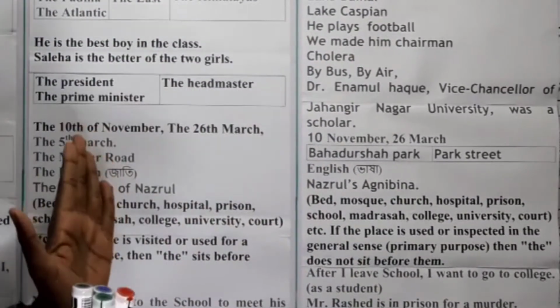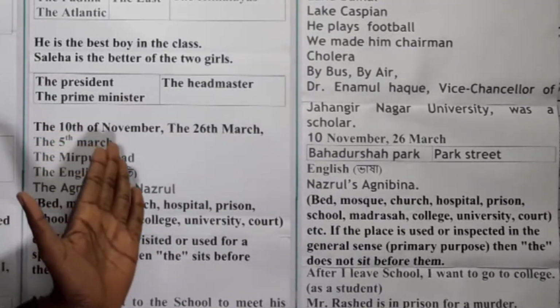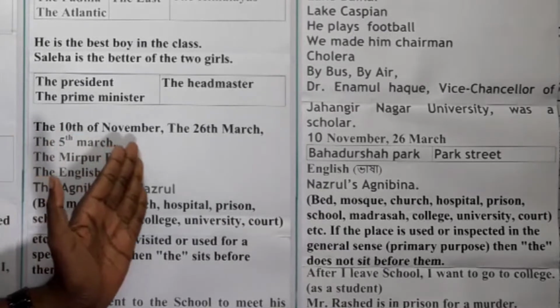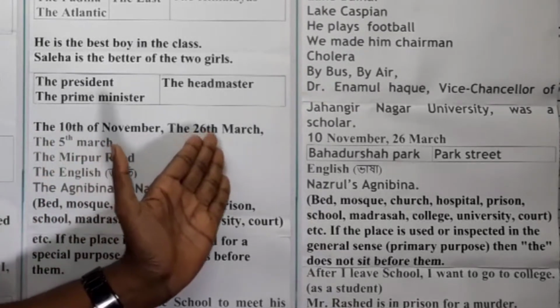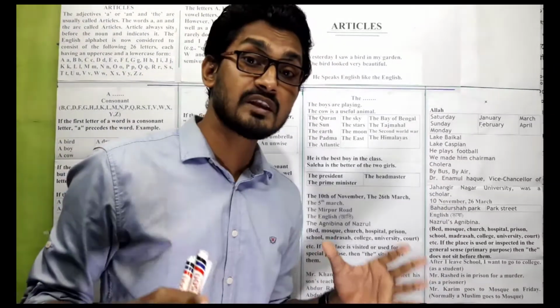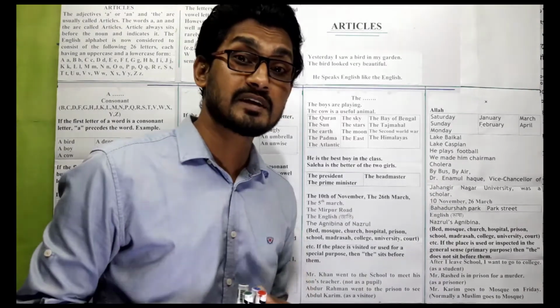If the date is written like this, the will sit: the 10th of November, the 26th March, the 5th March. If the word road is associated with a road name, the precedes it.